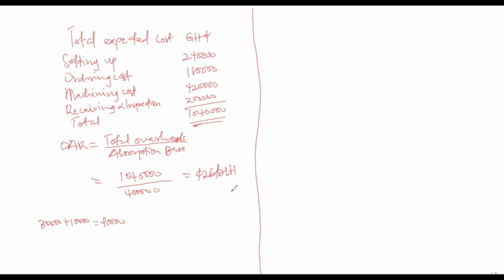So now let's find the unit costs using the direct labor hours for applying the overheads. So always remember that if you want to find the cost of a product, it is the summation of the prime cost and the overhead. The summation of the prime cost and the overhead.